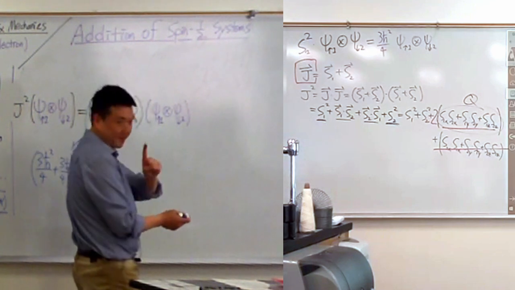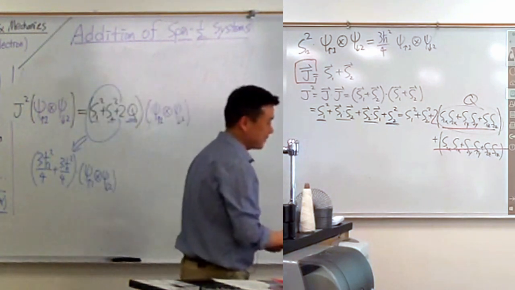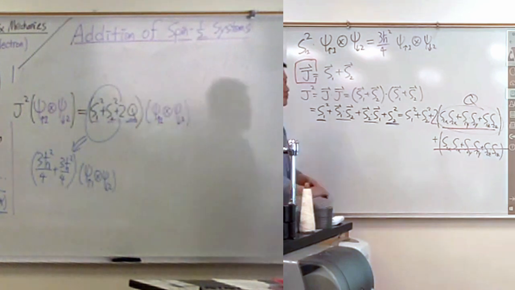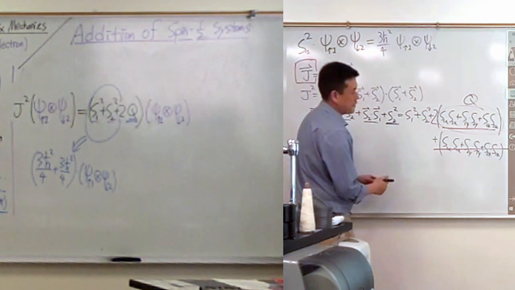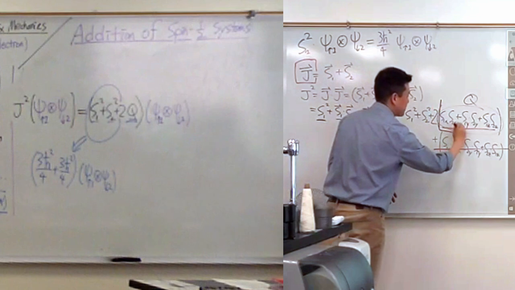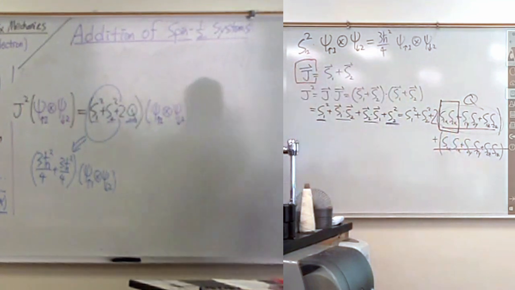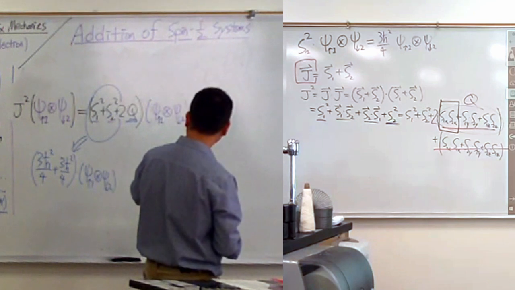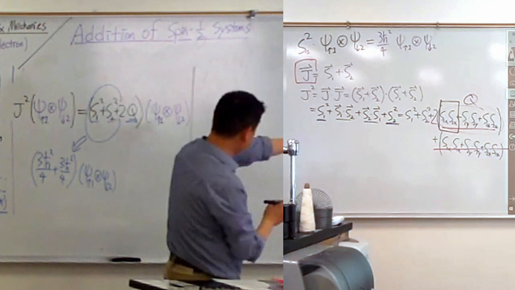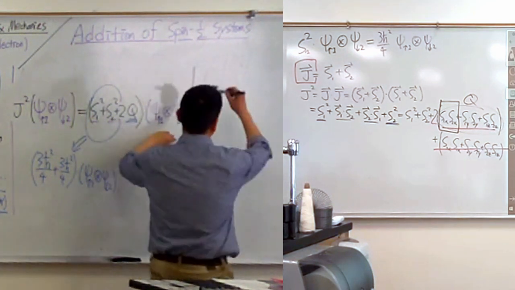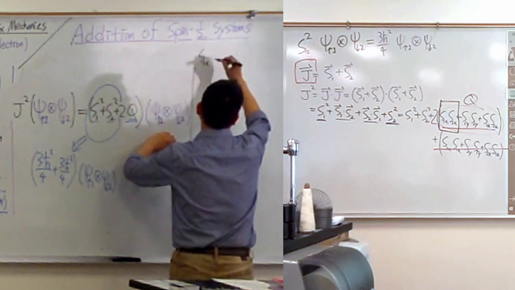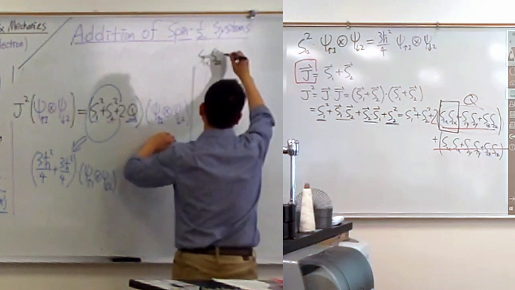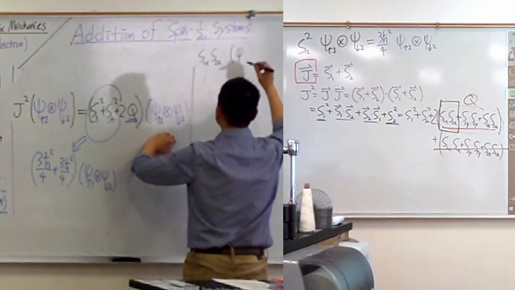Let me do one sample calculation. I think that's better. So Q is a sum of 3 terms. Let me do this one as a sample calculation. I think that's going to be a lot better. So this is what it's going to look like. That operator, S1x S2x, acting on this state.